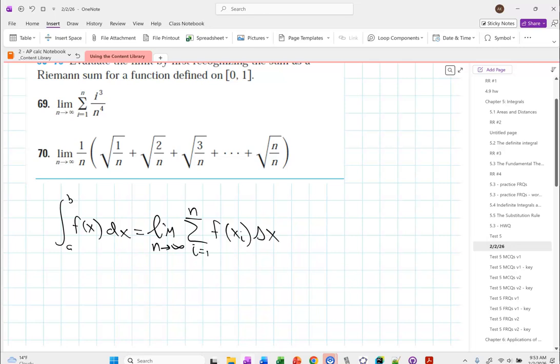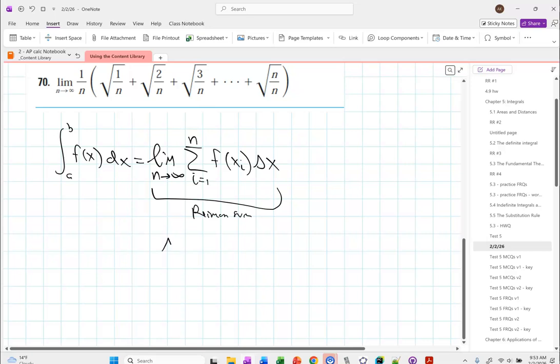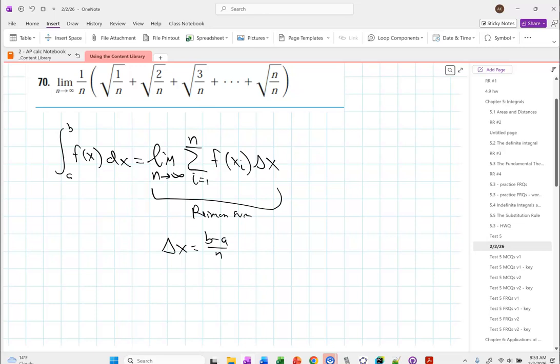This is our Riemann sum definition. Does that look familiar? And we said that delta x is (b minus a) over n, and x sub i is a plus i times delta x. But instead of writing delta x, I'm writing (b minus a) over n. Is that okay?